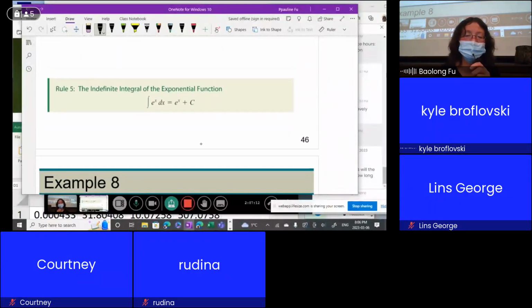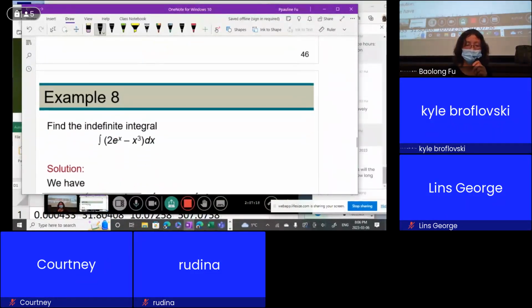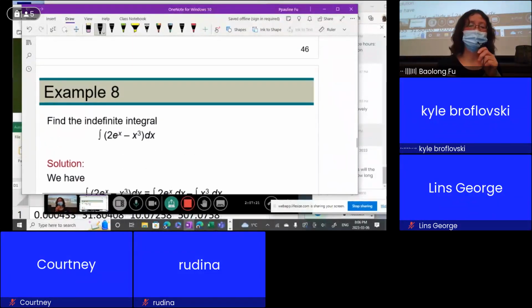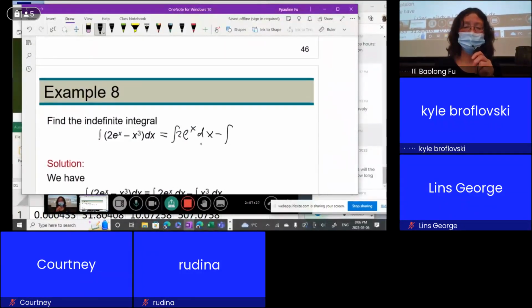And this rule says the integral of e^x equals e^x plus C. So example 8: this integral equals 2e^x minus the integral of x^3 dx.